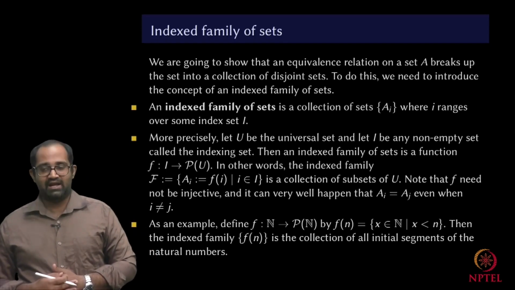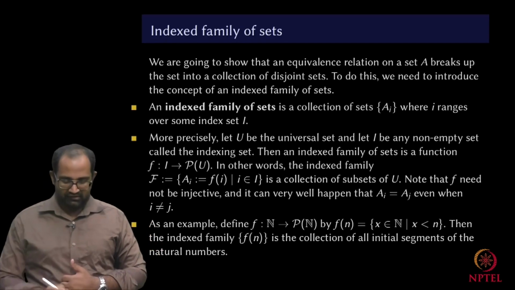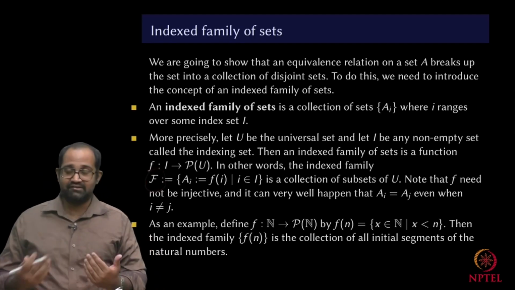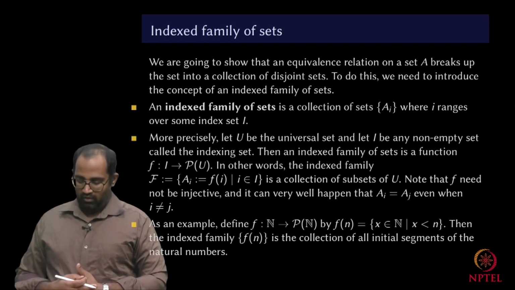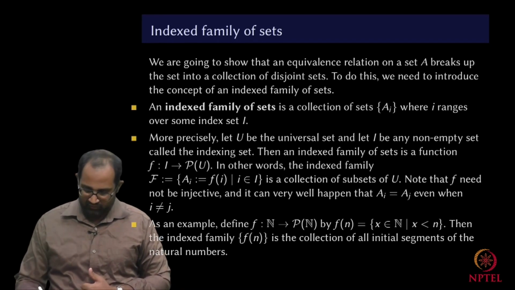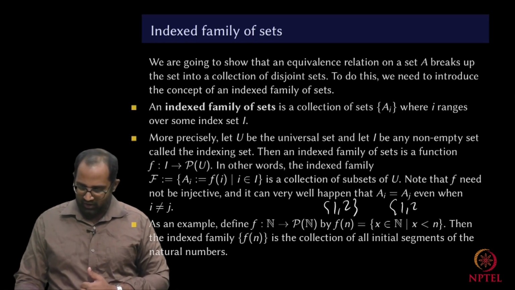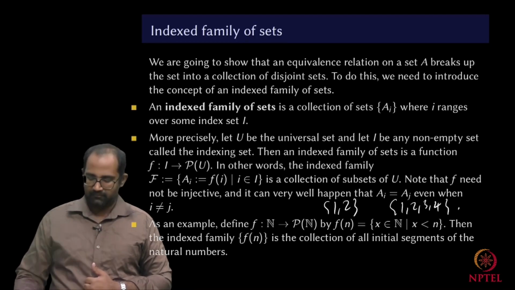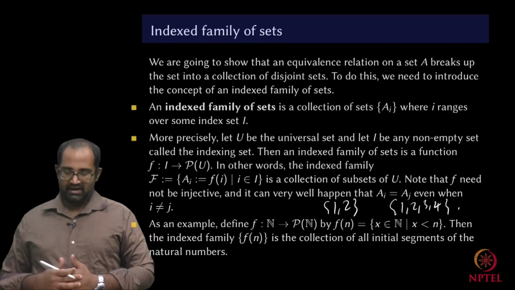It is quite possible, in fact it is often the case, that this family has the empty set as an element. So, f(3) for instance in this case would be the set {1, 2}, and f(5) will be the set {1, 2, 3, 4}. So, this is a good example of an indexed family of sets.